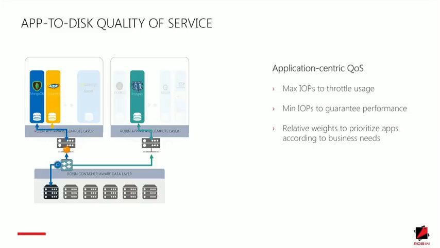And then we allow you to prioritize relative weights of applications. So you can say application X will have more priority over application Y. These priorities can be time bound, so between a certain time of the day, you want to provide more priority to one app over the other, or one component of the data pipeline over another component.